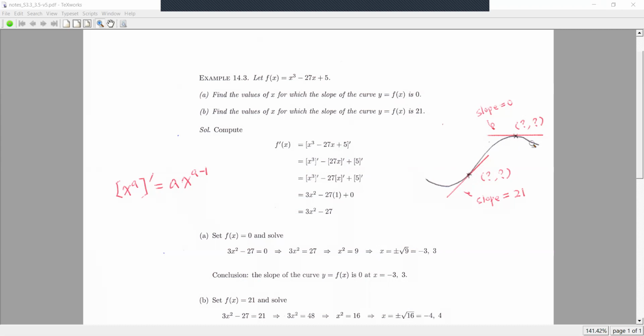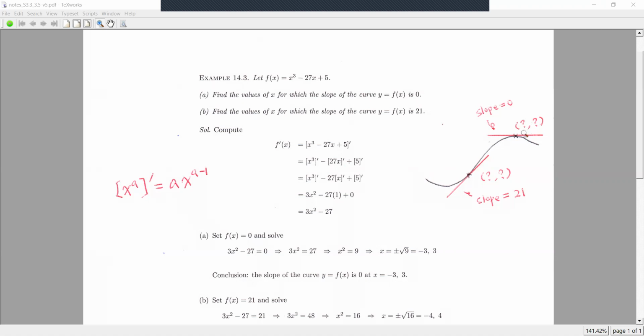Suppose this curve is the graph of this function. At some point on the graph, the tangent line is horizontal. You need to determine the x-coordinate of the point. Because this point is on the graph of the function, the y-coordinate of this point is the function value at the x-coordinate.